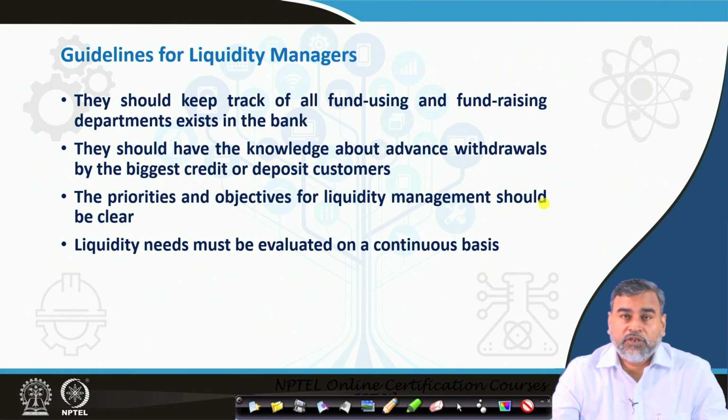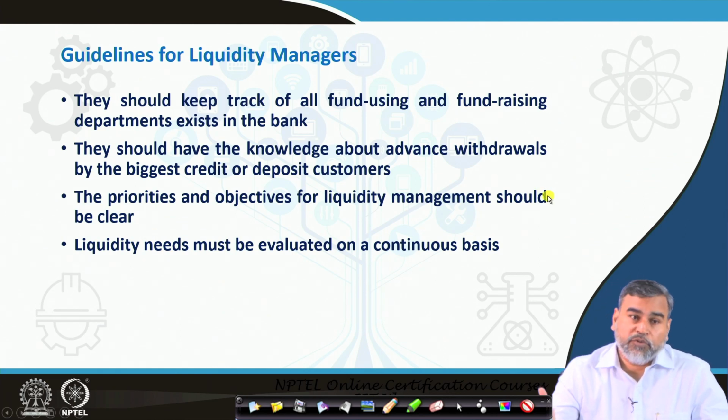They also have to keep a continuous eye on this. They have to maintain a particular record so that they have an updated idea of what is going to happen with the liquidity position of the commercial bank. They should have advance knowledge about withdrawals by the biggest credit or deposit customers.